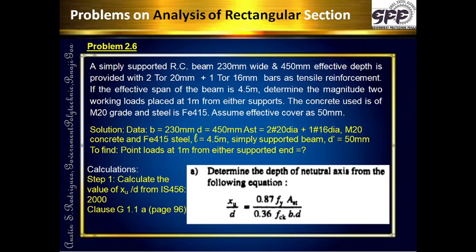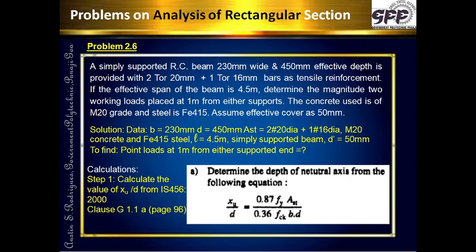In design problems, these are the parameters which we try to find out, which we will be looking at later. In analysis problems, B, D and Ast are given to us, either directly or indirectly. Also given are the grade of concrete and the grade of steel. So we understand that this also is an analysis problem.